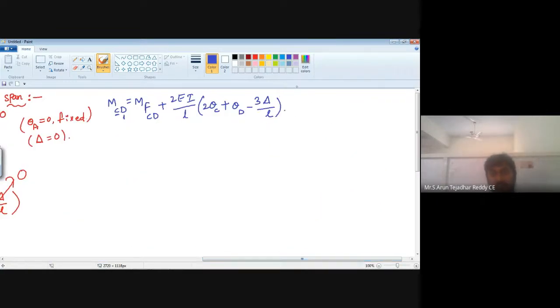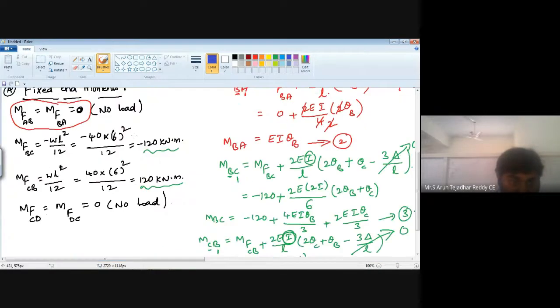Write down here clearly, theta D is equal to 0 because it is fixed, and delta is 0 because it is a non-sway frame. So this term is 0. Now write down the remaining terms. What is the value of MFCD?